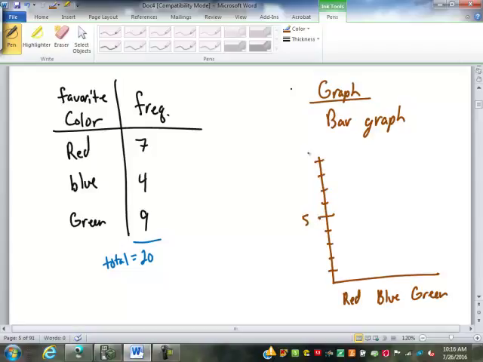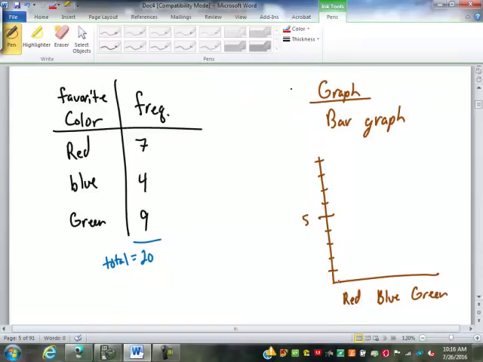Now notice I made sure that that went up to at least 9 because that's my highest frequency. Or I could have put the categories on the side here and had a scale going along the bottom. Typically in statistics, we like our graphs going up and down, so I'm going to do it that way. But it is okay to do it sideways, a horizontal. This is what we call a vertical bar graph. It is okay to have a horizontal bar graph.